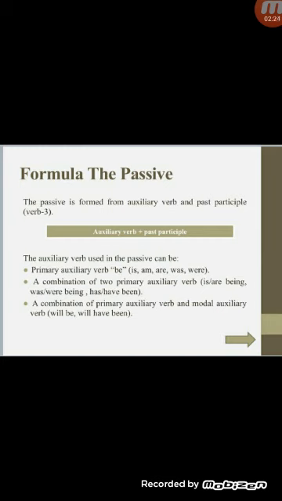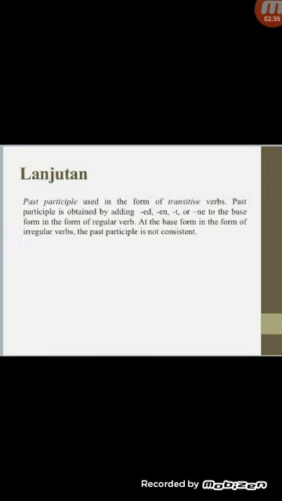A combination of primary auxiliary verb and modal auxiliary verb: will be, will have been. Next, the past participle is used in the form of transitive verbs. The past participle is obtained by adding ed, en, t, or n to the base form in the case of regular verbs. For irregular verbs, the past participle is not consistent.